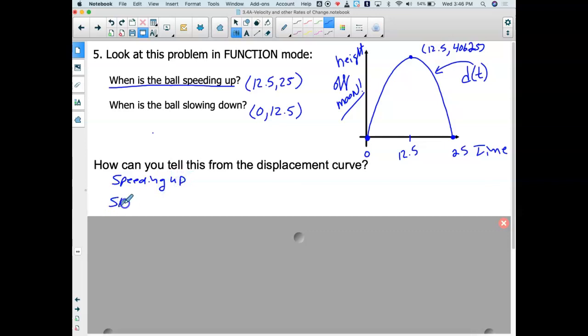And when is it slowing down? That's the question based off the displacement curve, okay?